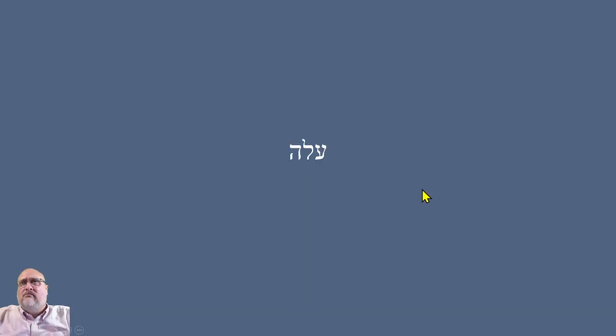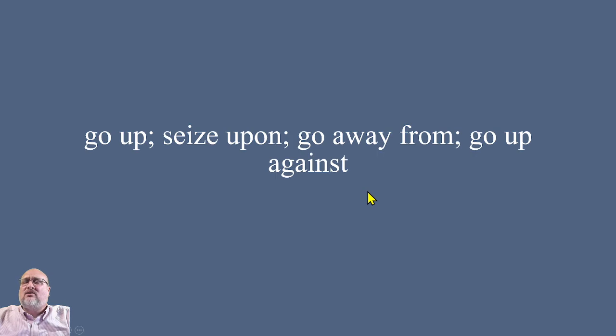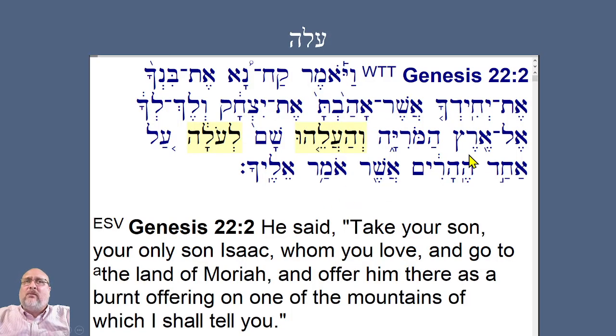Alah. So this means to go up. If you can say it as a hard guttural, it'll help you remember how to spell alah. A famous place that occurs is Genesis 22:2, and he said, take now. Oh, that's that lakak word again.